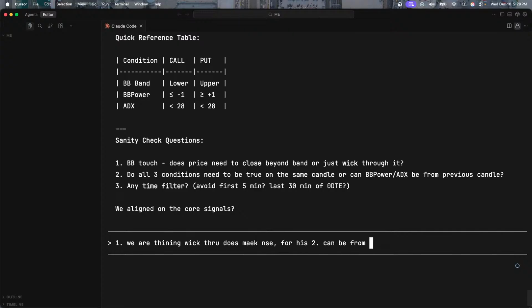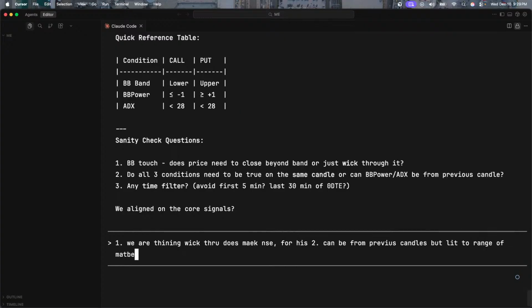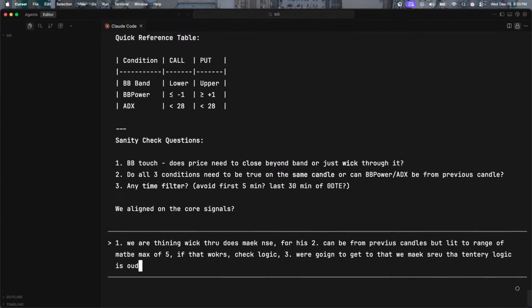Can be from previous candles, but limit to a range of maybe max of 5. If that works out, check logic. And 3, we're going to get to that. We want to make sure that the entry logic is sound and good before we proceed.